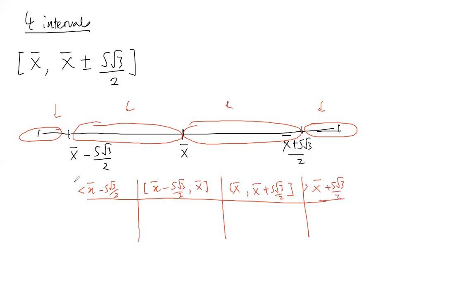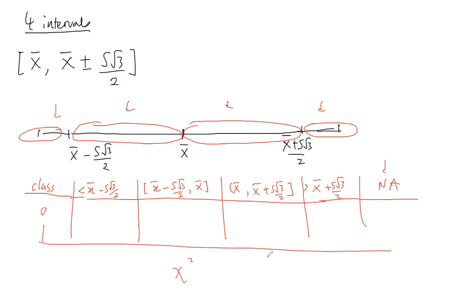So here will be your class 0, 1. And if you have NA, then you have one more column here. Then basically you can get your chi-square value. In this case, this chi-square value has 4 degrees of freedom.